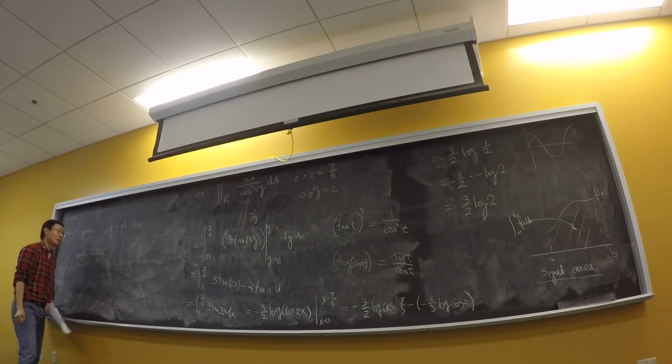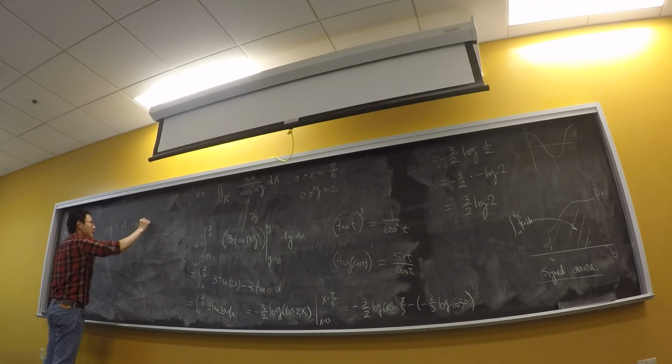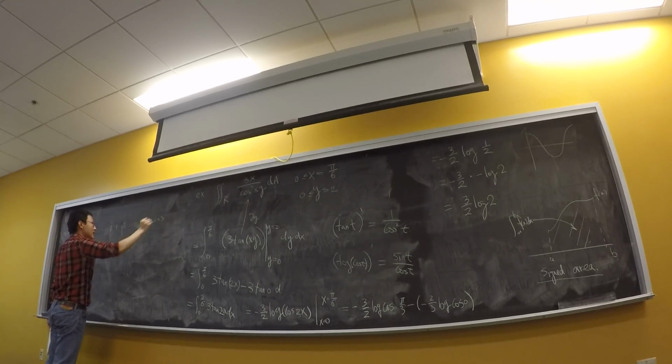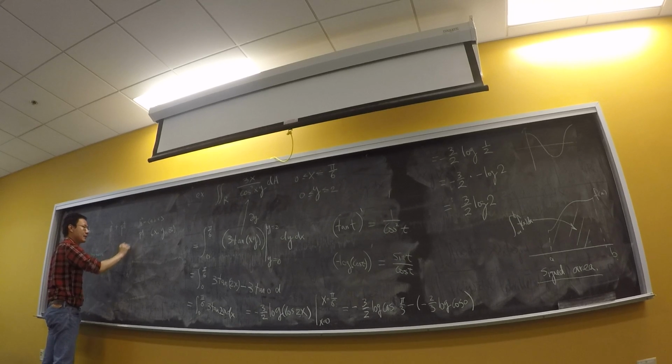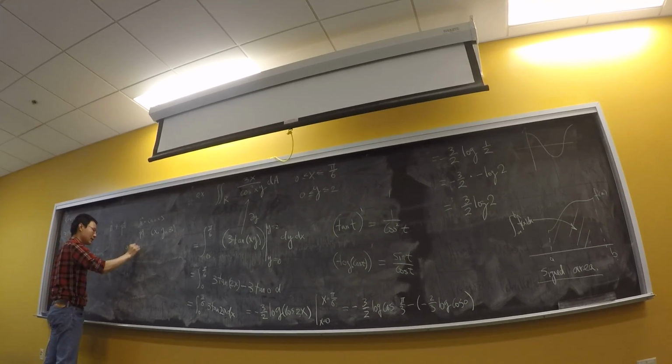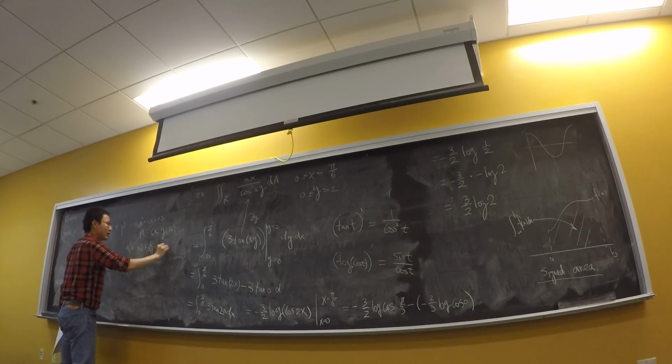If the normal line is equal to A, B, C, and the point is x0, y0, z0, the equation looks like A(x minus x0) plus B(y minus y0) plus C(z minus z0).